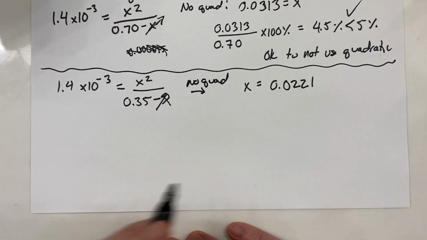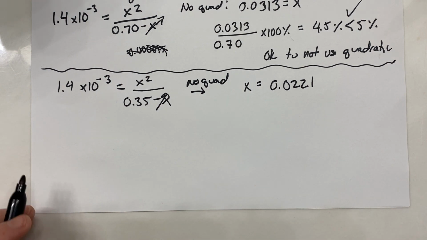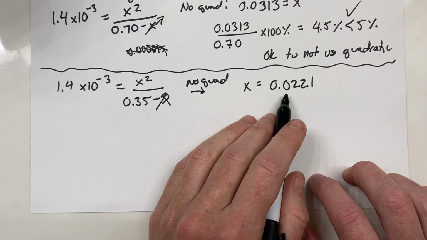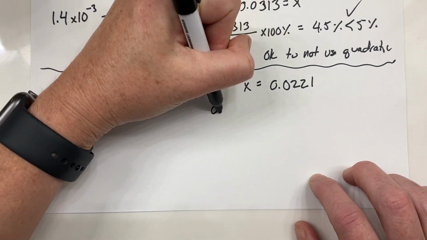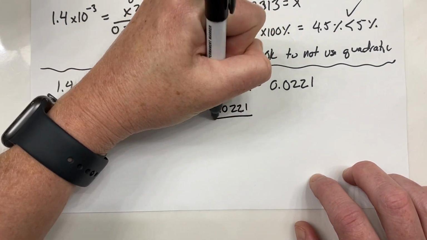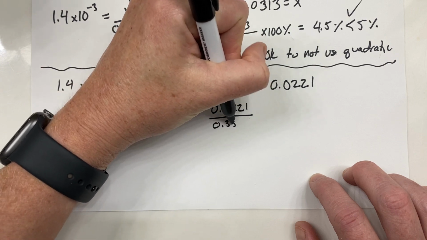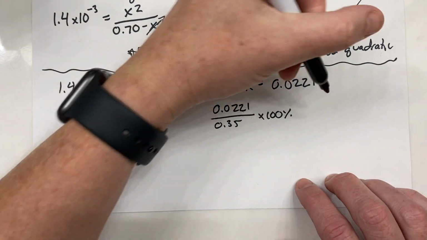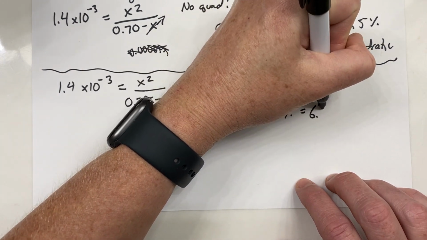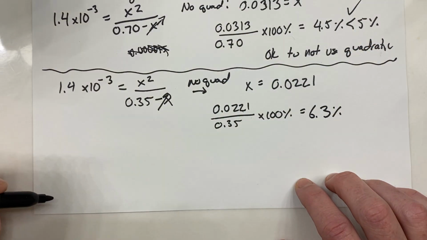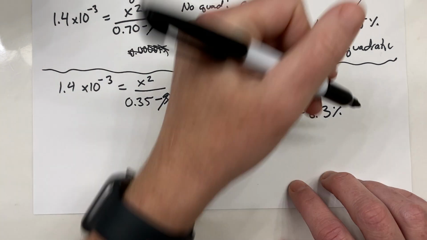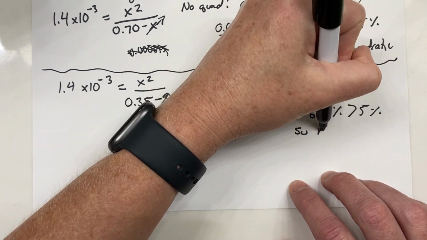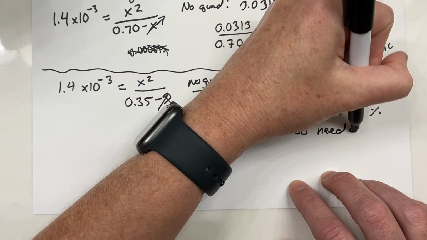All right, so it's 0.0221, and now our next step is to compare that number to what we subtracted it from and see if it's really negligible compared to that. So we say 0.0221 divided by 0.35 times 100%, and you find out that it's 6.3%. That means the 6.3 is definitely greater than 5%, so you need the quadratic.